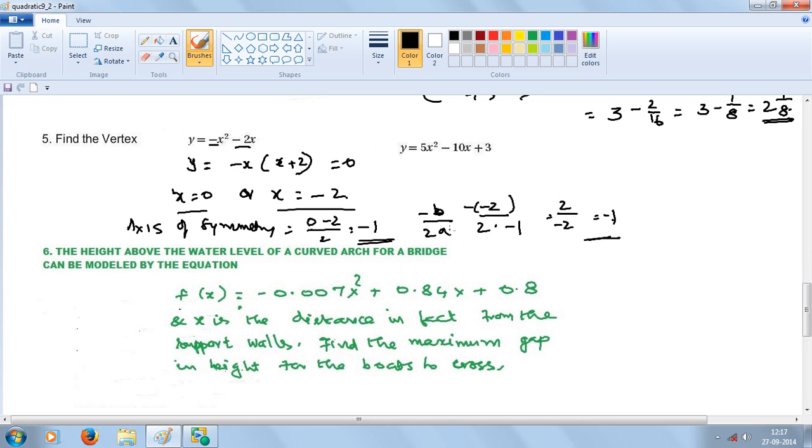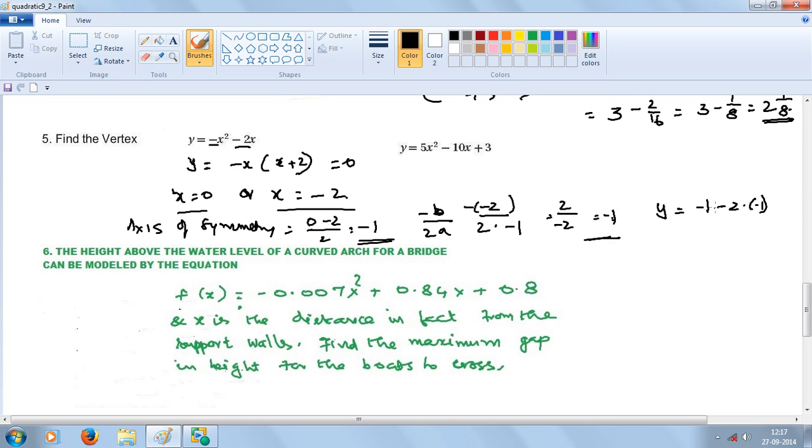If x is equal to minus 1, what is the y? We can find y. y is equal to minus x square, x square is 1, minus 2 multiplied by x, where x is minus 1.